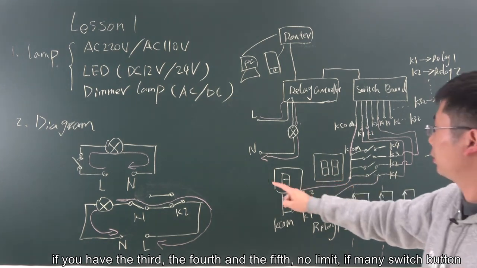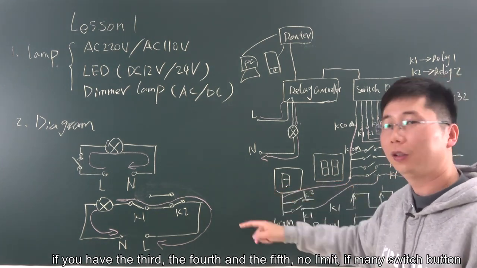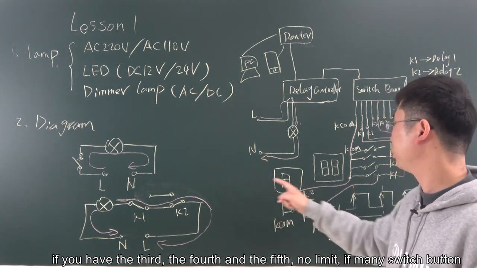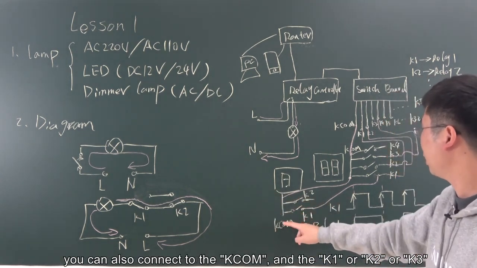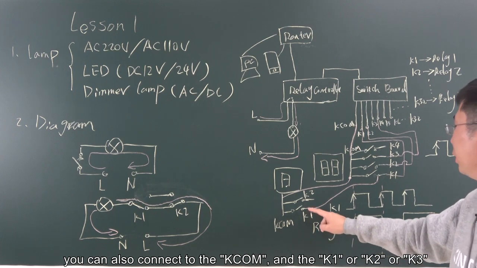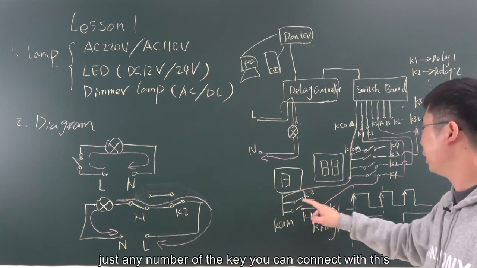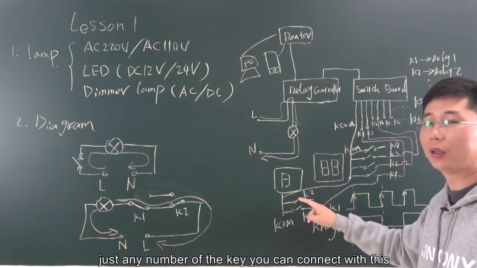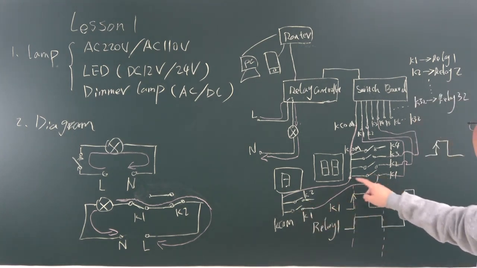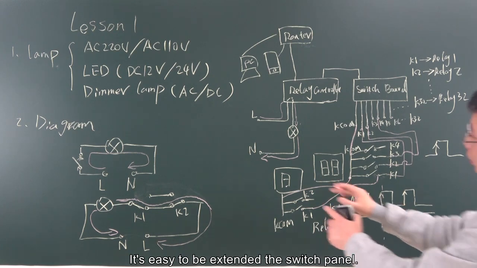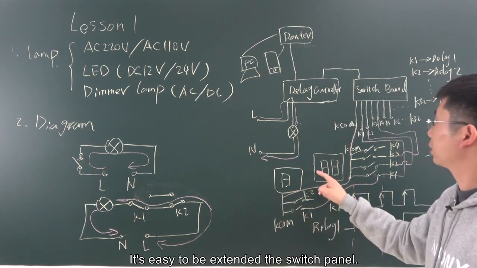If you have the 3rd, the 4th, the 5th, there is no limit. If you have many switch buttons, you can connect them to the KCON and K1, K2 or K3, any number of keys, with these 2 points. So it's easy to extend the switch panel.